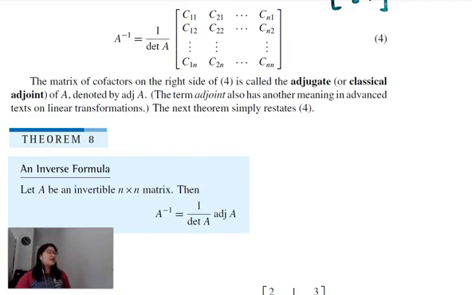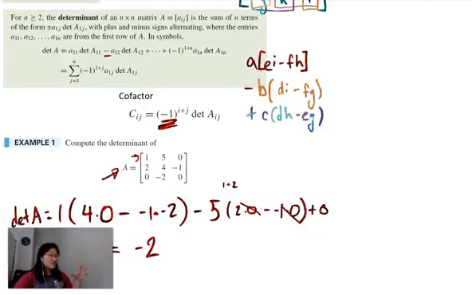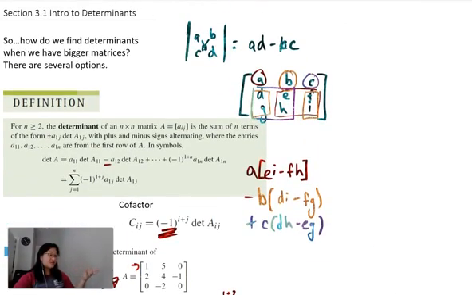And the adjugate is a matrix of your cofactors. Remember the cofactors from section 3.1, in the earlier video.